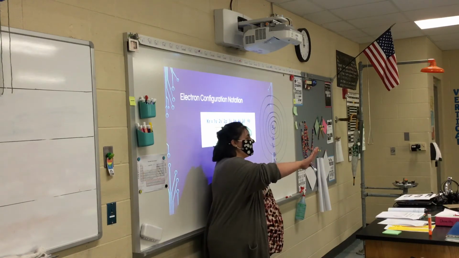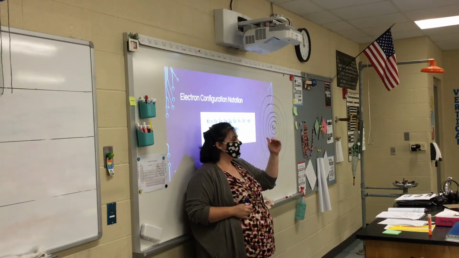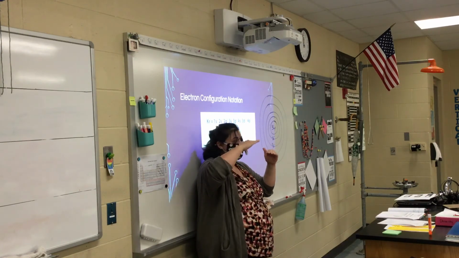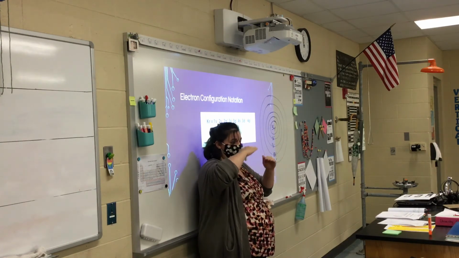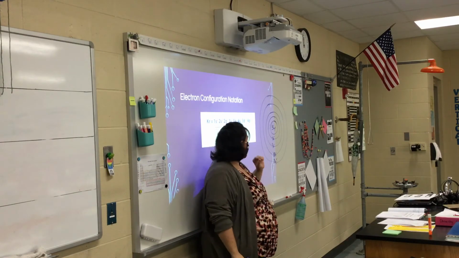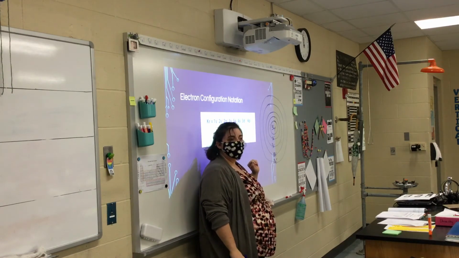Now remember what we said, it goes 4s and then 3d. So you have to skip a space, because you're in energy level 3, but you put a 4s in between them.